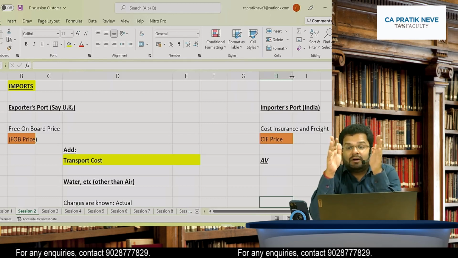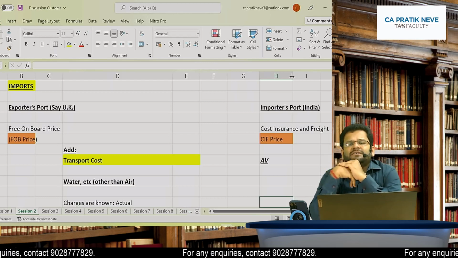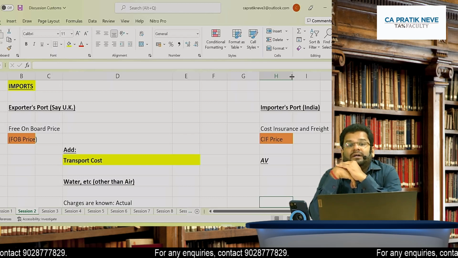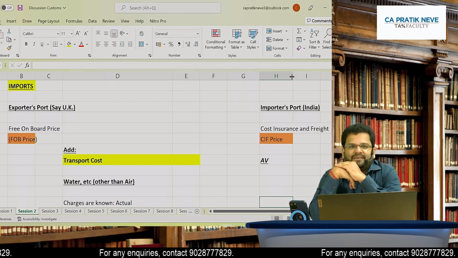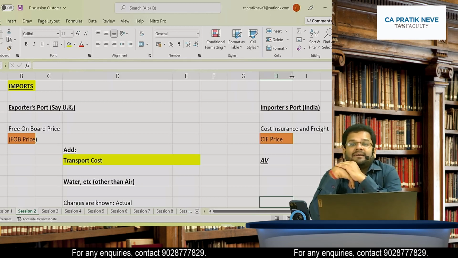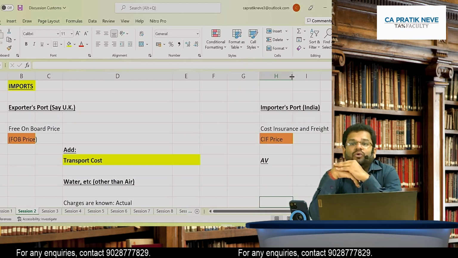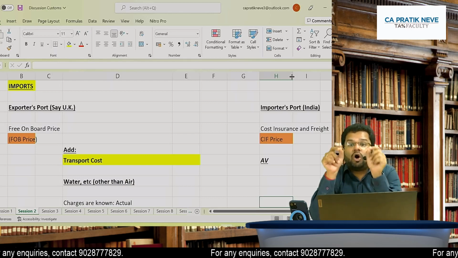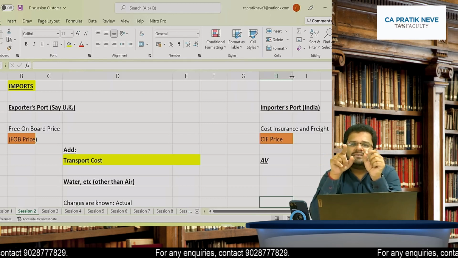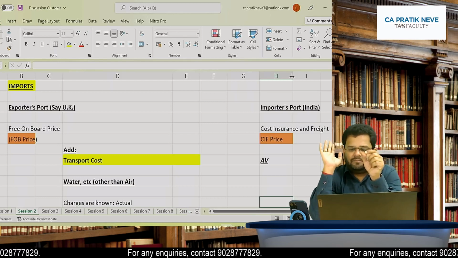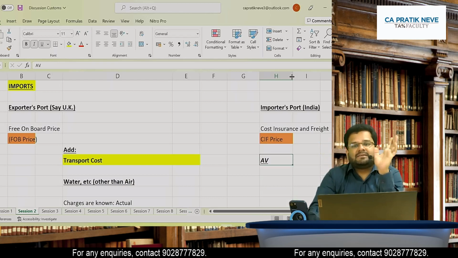At the exporter's port, free on board price means without transport and insurance. When you add in that transport and insurance, you get CIF, cost, insurance, freight. Simple. So that CIF itself is assessable value.